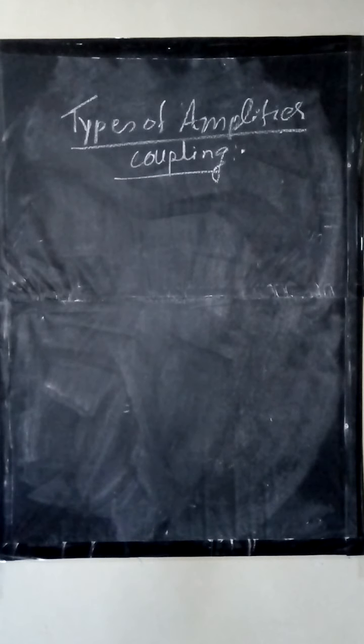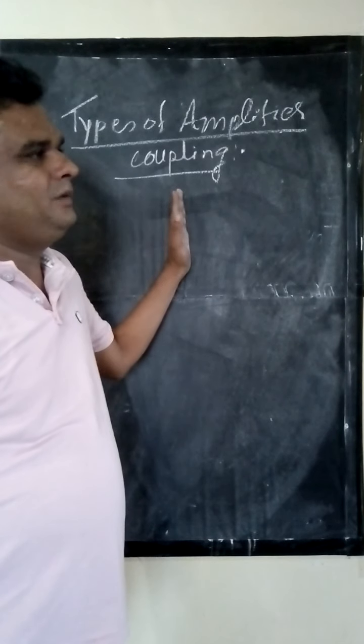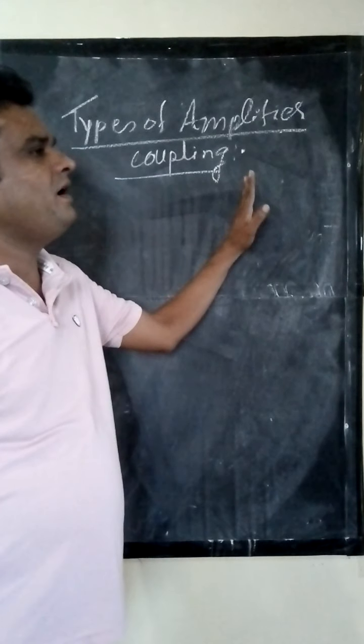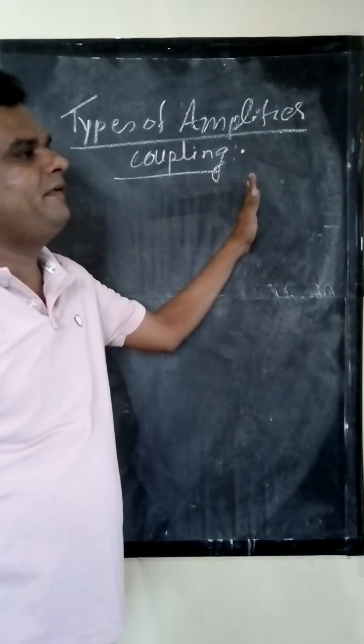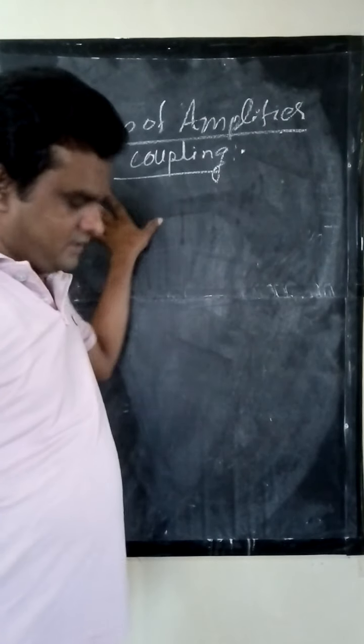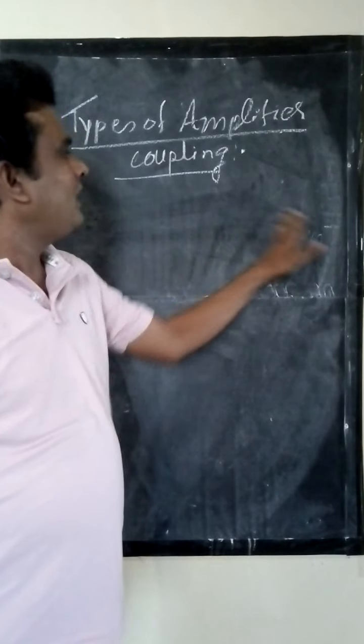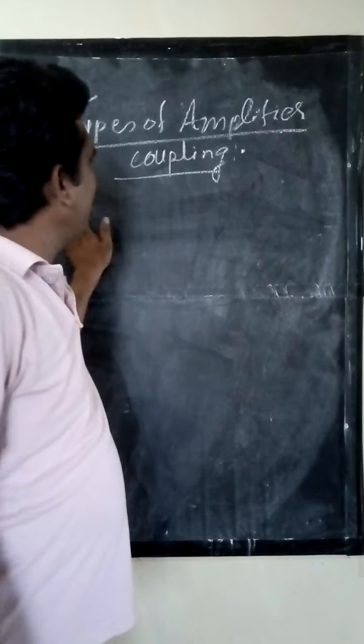What do you mean by coupling? In coupling, the output of the first stage is the input of the second stage, and the output of the second stage is the input of the third stage. In this way we can cascade a number of stages; the RC network is called a coupling.